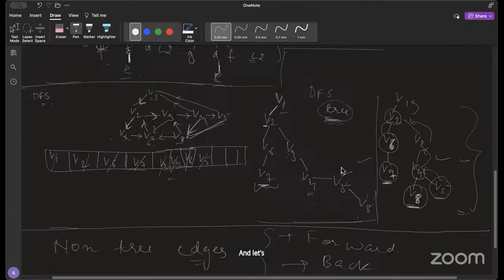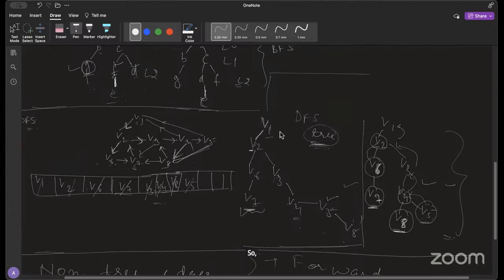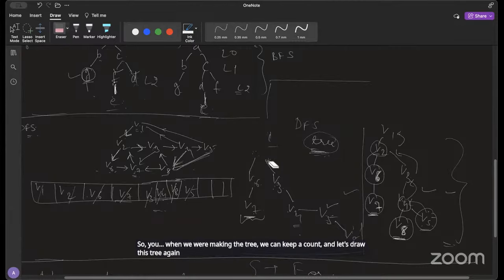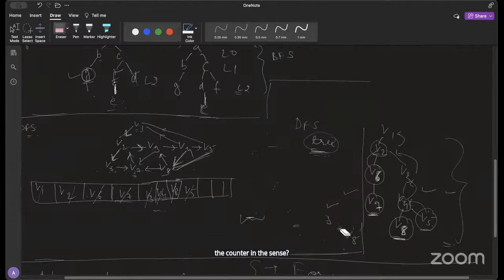Let's take this example only. When we were making the tree, we can keep a counter. Let's draw this tree again, then it will be clear how we have to keep the counter: a counter of when you visited the vertex and when you got done exploring the vertex, in what order. So we started with V1.